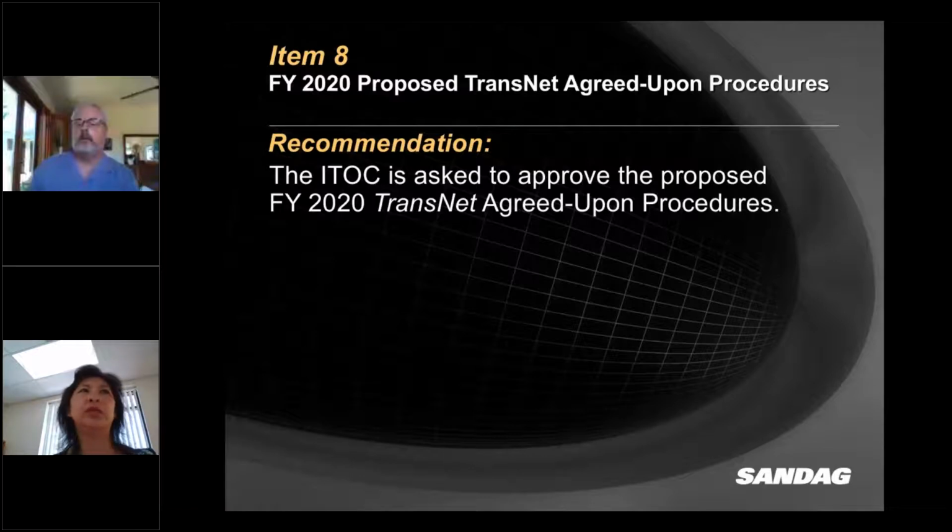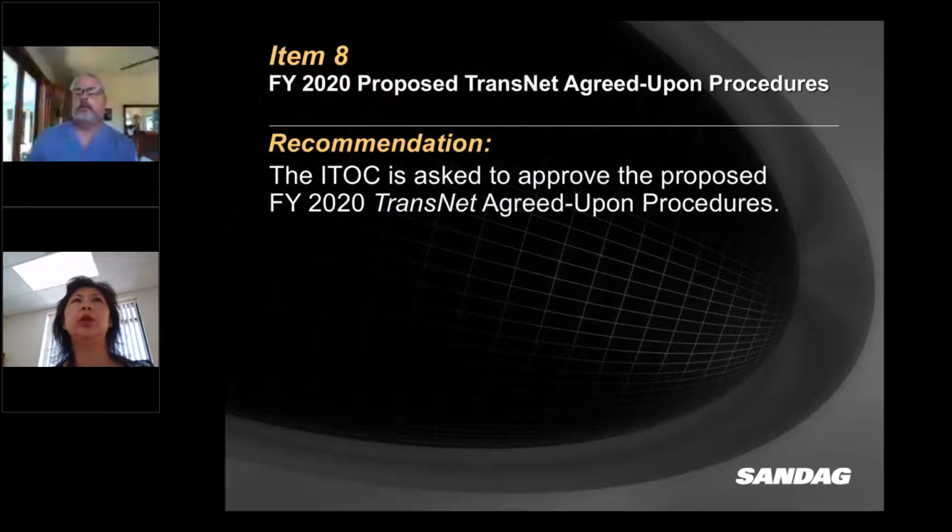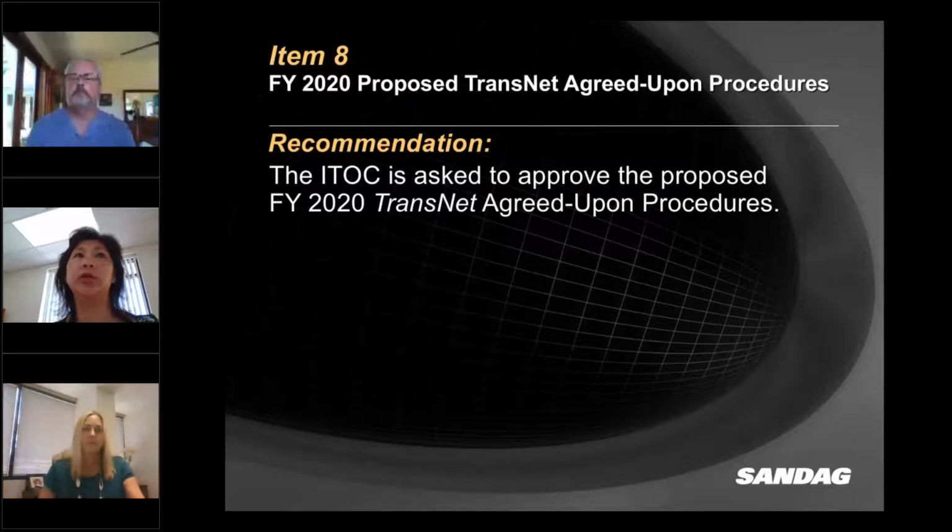Good morning, Mr. Vice Chairman. At the May ITAC meeting, the fiscal year 2020 compliance audit subcommittee was chosen, and that included Stuart Halpern, Michael McKinney, and Tracy Drager. Subsequent to that meeting, the proposed AUP were provided to the subcommittee by the auditors for review and comment.